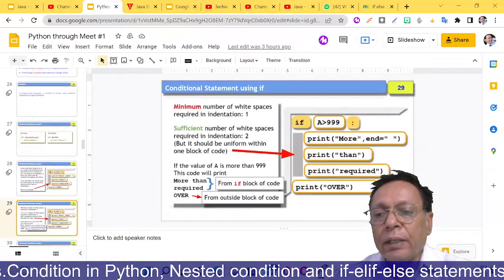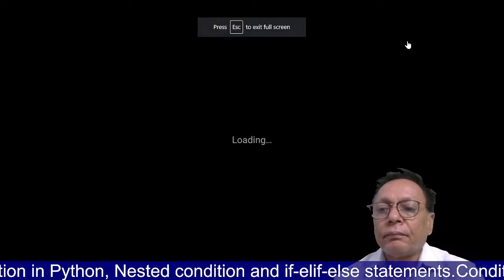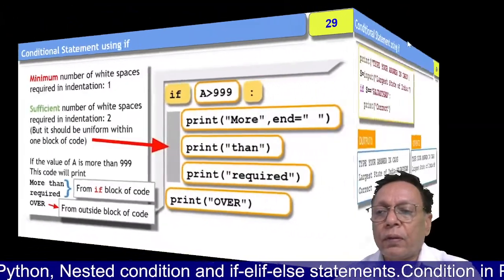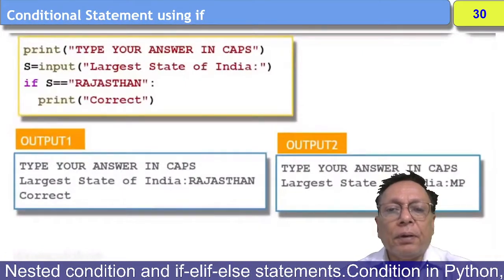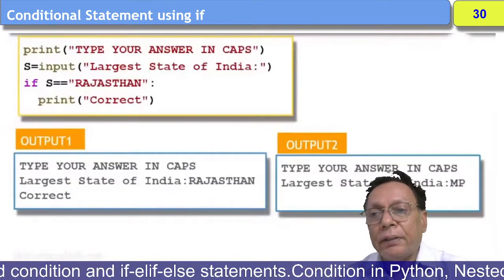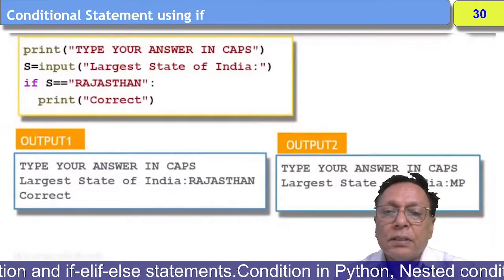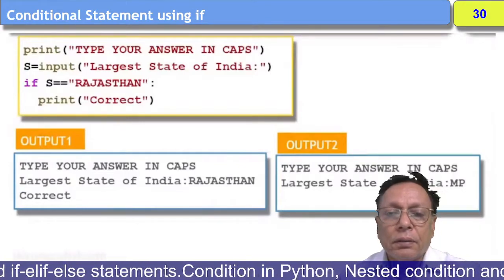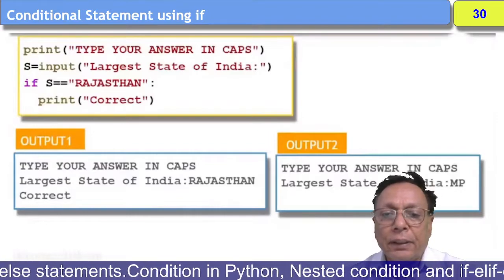Okay, this way you can apply the condition. In this example, if you see here, it is asking to type the answer in capital letters. It means it is taking one input, and that input is about the word, and the word should be in capital letters.